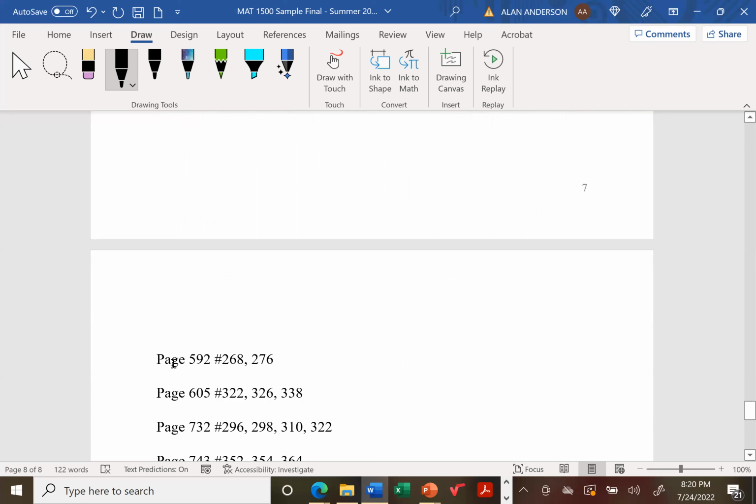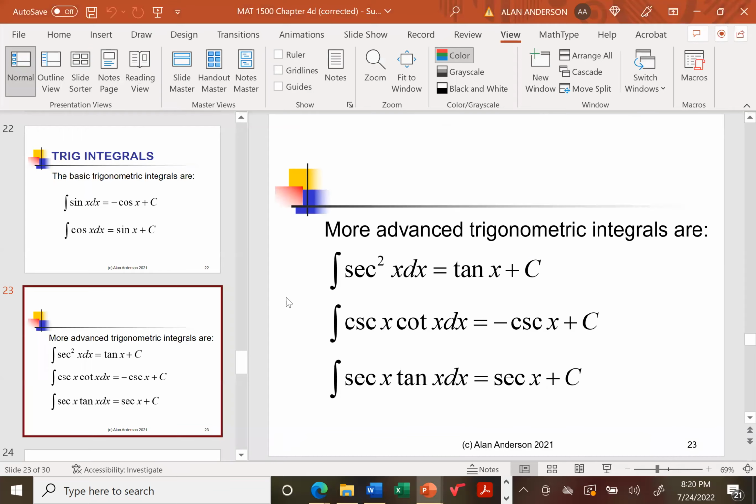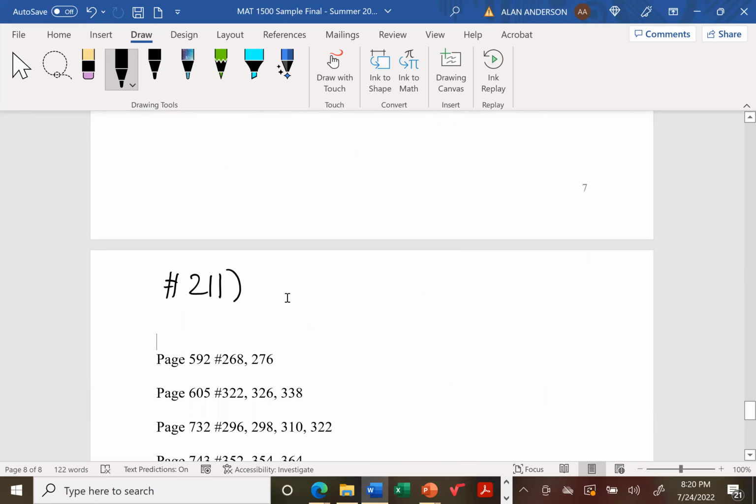Oh, trig functions. All right, so if you look at the book, it's right here, it's the same list. It's the integral from 0 to pi of sine x minus cosine x dx.